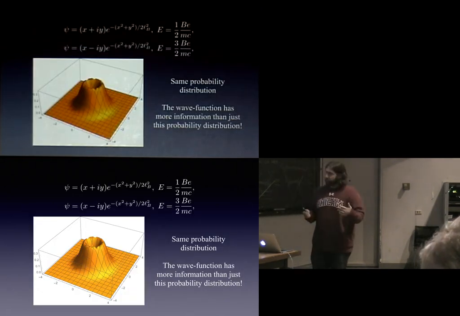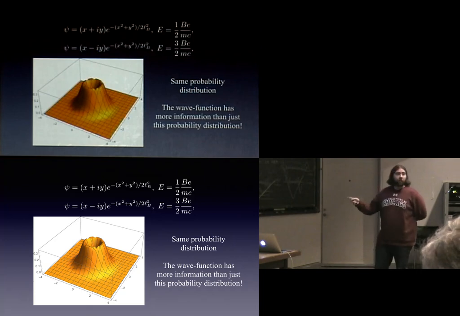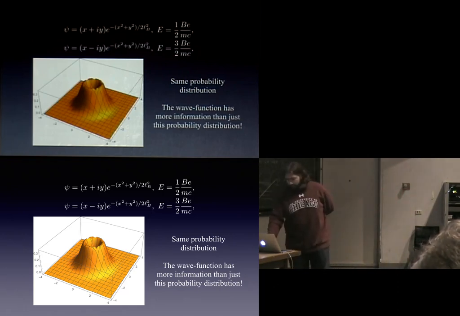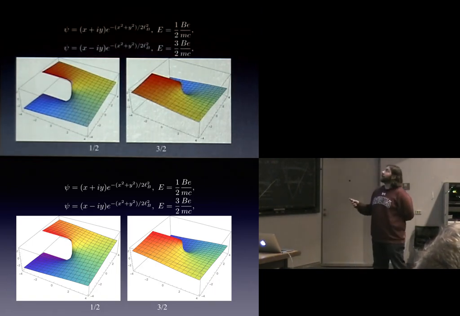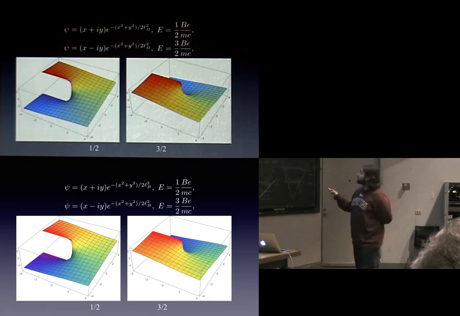And so to emphasize how tricky this is, here are two different states that have the same probability distribution for where the electron is, but they have manifestly different energies. So you really have to look a little bit more closely. What's actually happening in that case is that the phase of the wave function is rotating clockwise by 2 pi for this state and counterclockwise by 2 pi for this state.